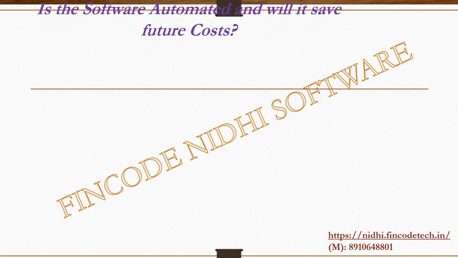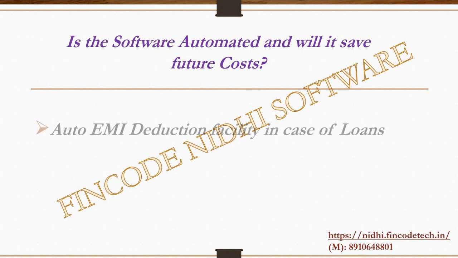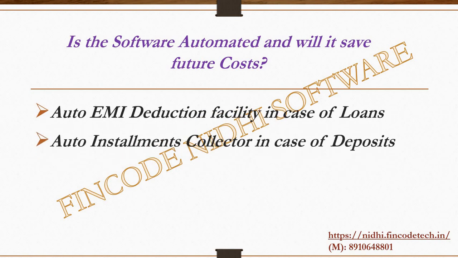The third question is whether the software is automated or not and will it save my future cost. Now this is the most important question in my mind, and your decision on which software to purchase should largely depend on it. Any software is purchased to ease out operations and to ensure that regular tasks can be performed automatically without any manual error.